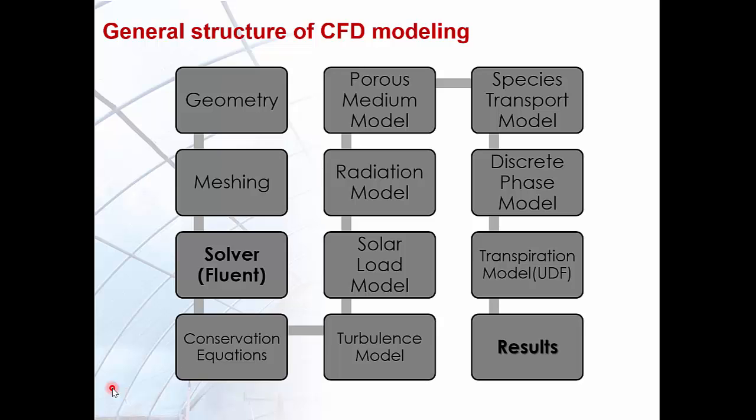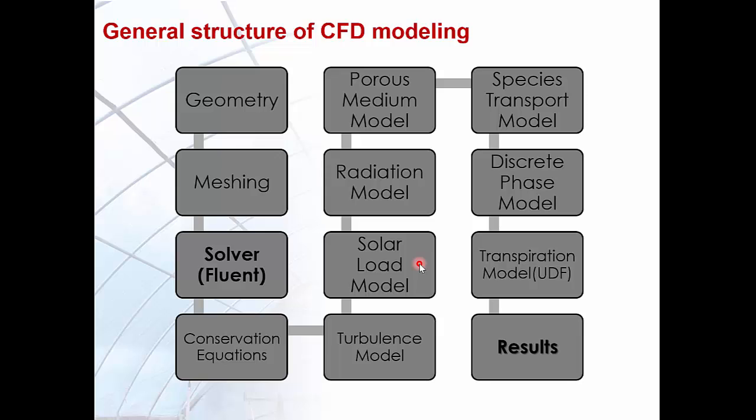Then the whole problem domain is discretized into finite volumes where the conservation equations are solved. The model includes a turbulence model, for instance, to characterize the turbulence nature of the flow. We can include radiation and solar load models to characterize the solar radiation in the problem.